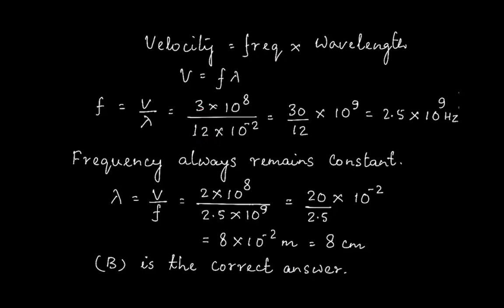Here you see it's 3 times 10 raised to the power 8, so I can write 30 times 10 raised to the power 7, and this is divided by 12 times 10 raised to the power negative 2. Applying the laws of exponents, this goes up, and it is 30 times 10 raised to the power 7 plus 2, which is 30 times 10 raised to the power 9 divided by 12. And 30 divided by 12 gives you 2.5 times 10 raised to the power 9 hertz. So you got the frequency.